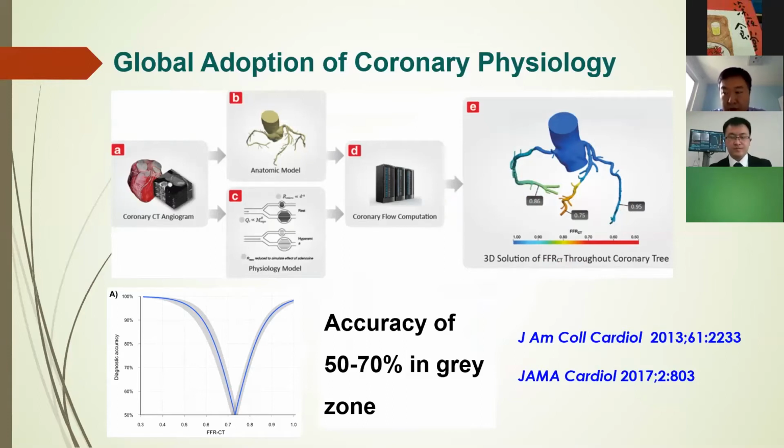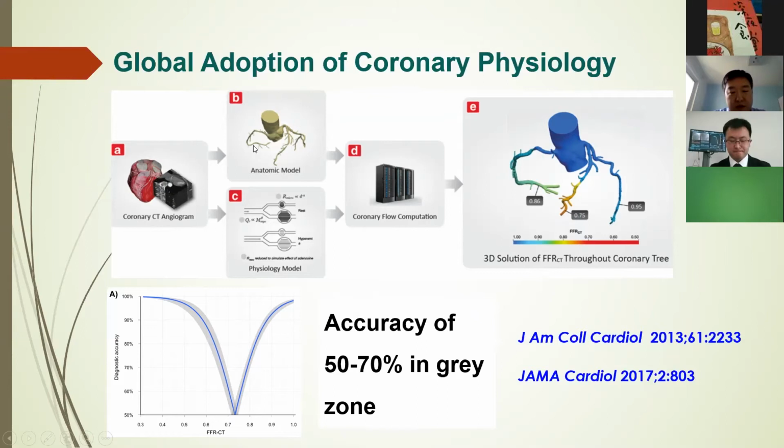For example, the resistance of the epicardial coronary arterial tree and some other lumped-parameter models. They use a CFD model to calculate the flow distribution in the epicardial coronary arterial tree. And then they can determine the fractional flow reserve at each point.